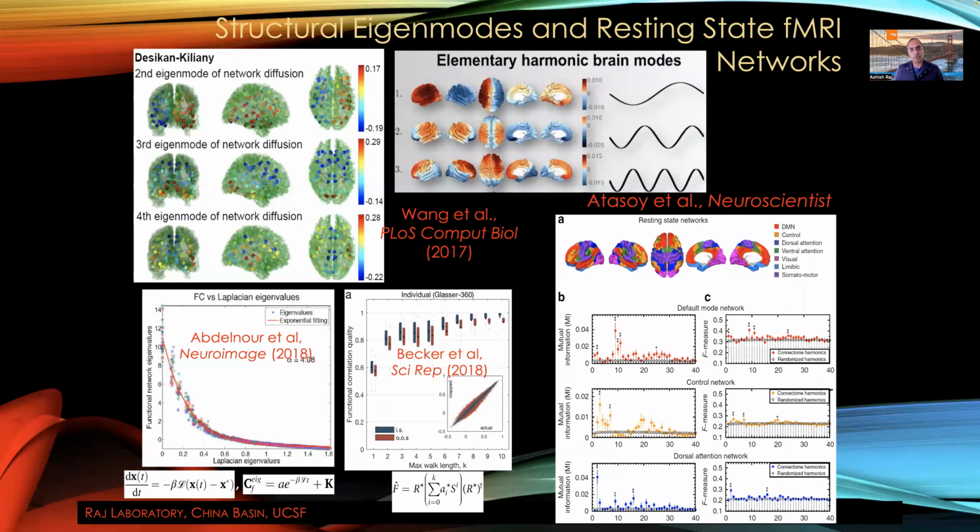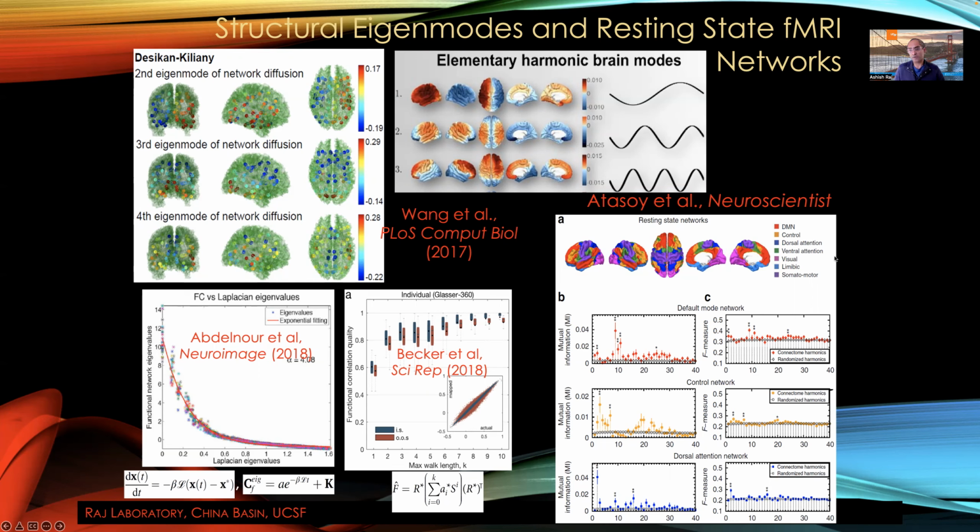And again, I want to point out that many extensions of this essential idea are now around, where, for instance, Abdel-Nour 2018 proposed an Eigen-mapping technique which expanded on the graph diffusion approach. Becker et al. further expanded by adding a rotation matrix shown at the bottom of the screen.